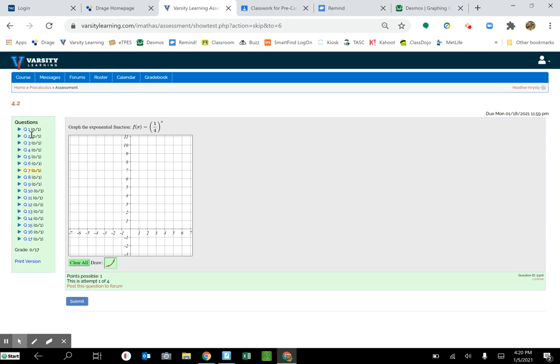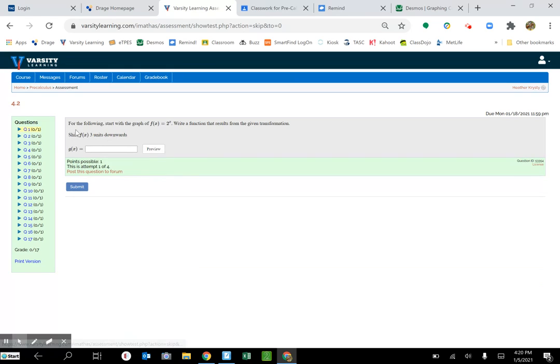Okay, so let's just kind of go and take a look at some of these problems. So this just says, start with a graph of 2 to the x, write a function that results in the given transformation, and they want you to shift it 3 units downward.